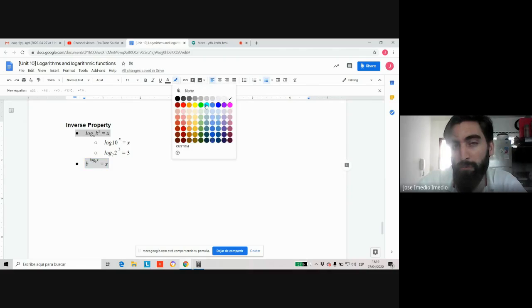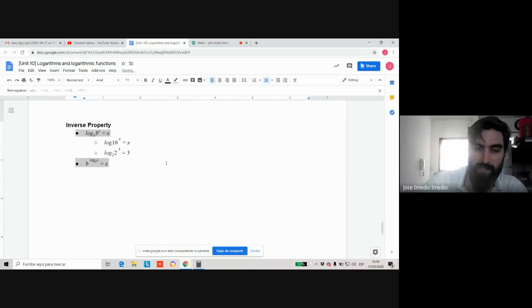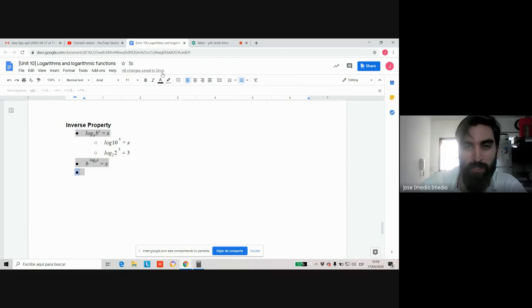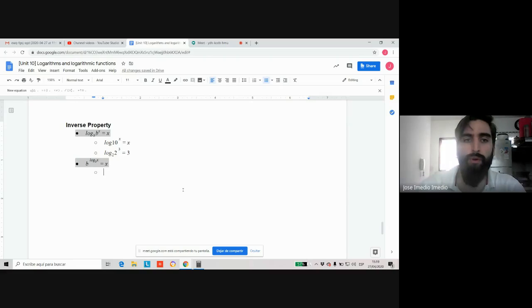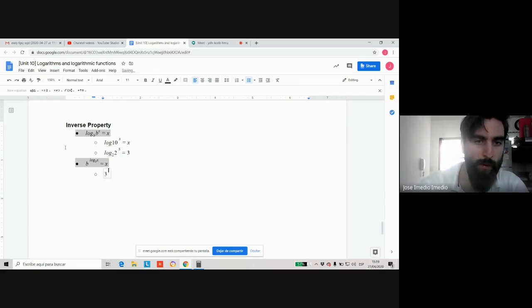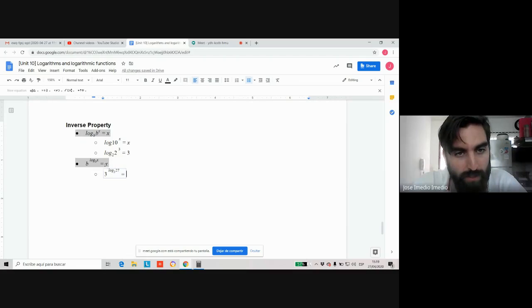So if we work it out with an example, you will see it makes sense. But I know when you see the formula, it's a bit like, what did you just do? But let's do it with an example. For example, if I have 3 raised to the power of the logarithm base 3 of 27, this is going to be 27, okay?